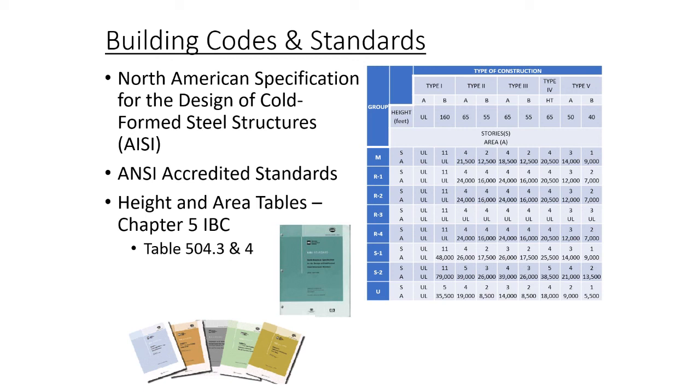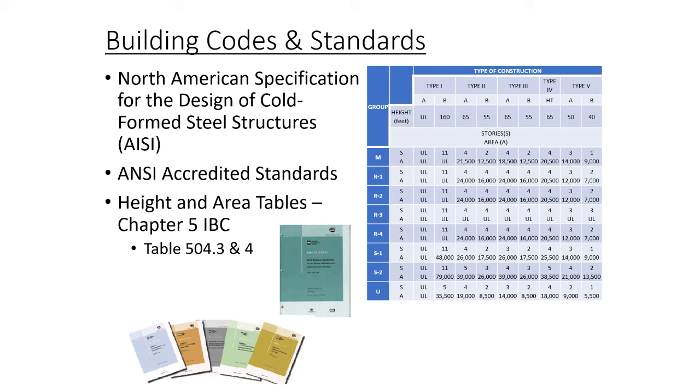Second is studs, joists, trusses, accessories for the repetitive member applications and material thicknesses between 0.0179 and 0.118 inches.